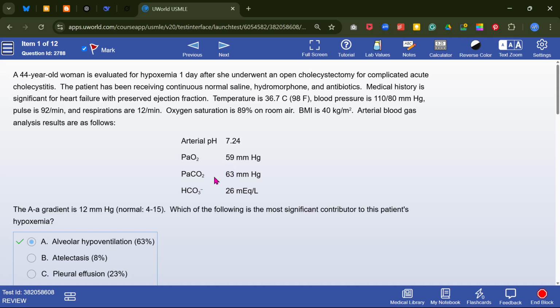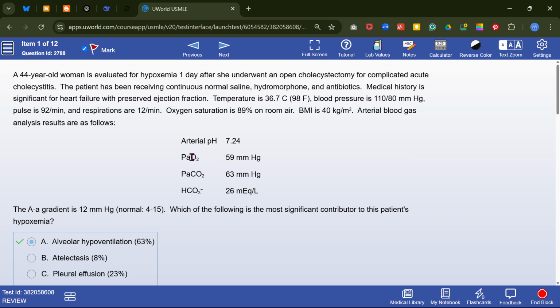Bicarbonate is normal, within 22 to 28 milliequivalents per liter. The AA gradient, alveolar-arterial gradient, normal is 4 to 15, it is 12. So normal AA gradient. Which of the following is the most significant contributor of hypoxemia?